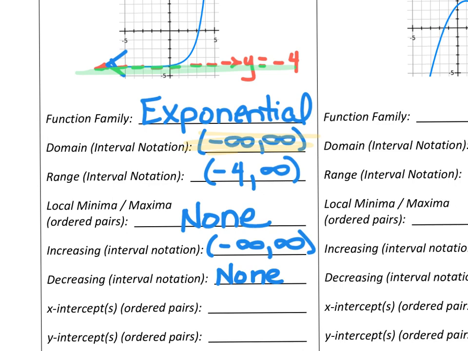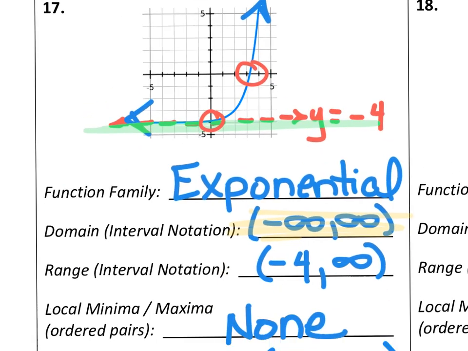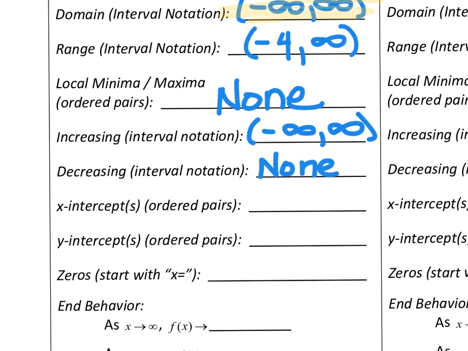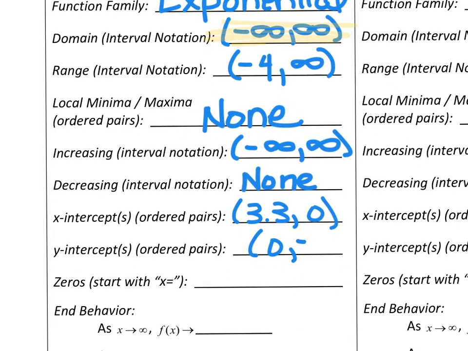There's one x-intercept and one y-intercept. You can see the x-intercept here and the y-intercept here. And those values, remember, we're going to write them as ordered pairs. So the x-intercept is approximately (3.30, 0), and the y-intercept is about (0, -3.9), let's say.